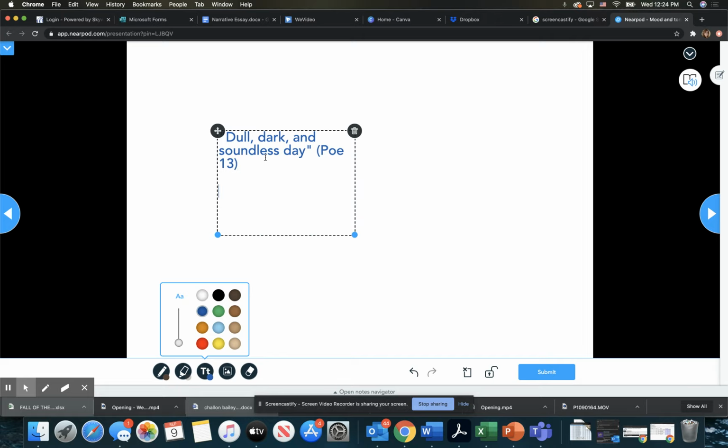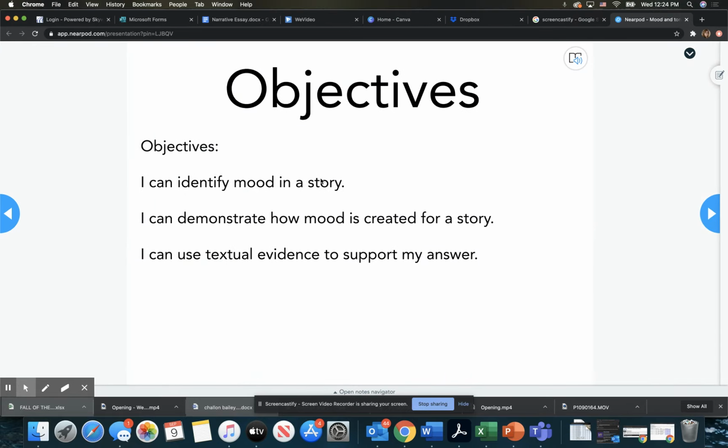Or a sense of insufferable. And that is on page 13. So both of those are possible things that I could use in my essay. Our objective is that I want you to be able to identify the mood and demonstrate how it's created for the story, and then use evidence from the text, like I just did, to support your answer.